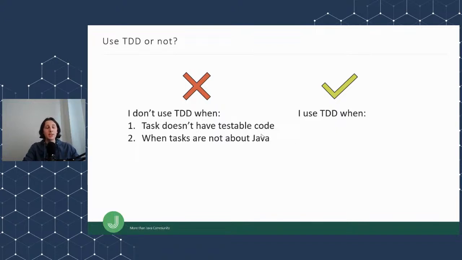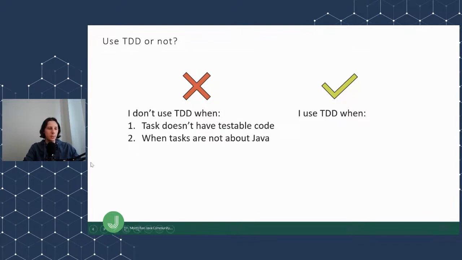The first point, example for the first point is, let's say you have to write new configuration for your Spring service. Configuration is usually not tested, so you don't write tests for this. Why would you use TDD?